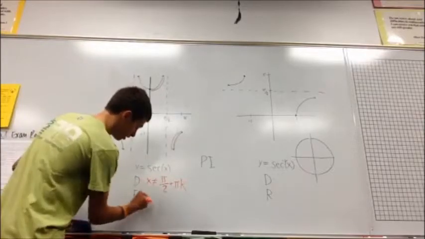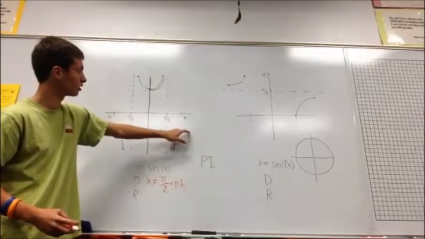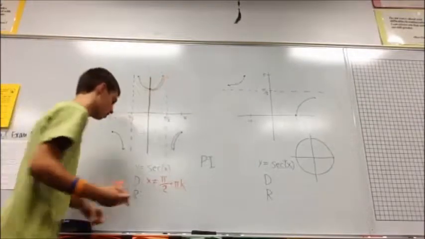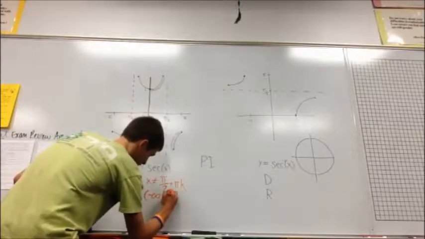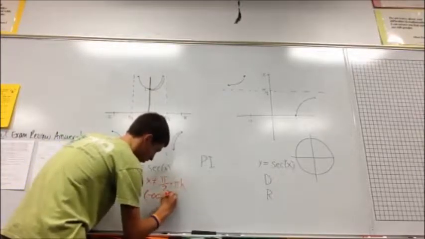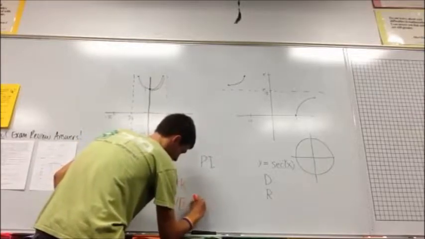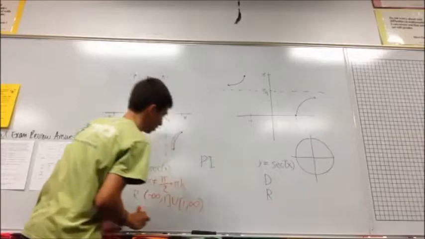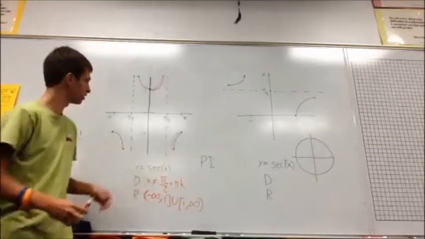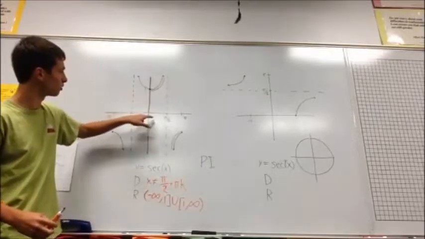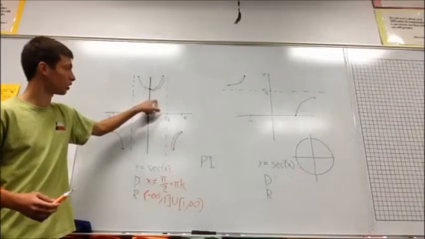Now, the range is going to be from negative infinity to negative 1, and then 1 to infinity. All right? And now we have to put in our PI. So our PI is going to go from 0 to pi because this will make it a one-to-one function.